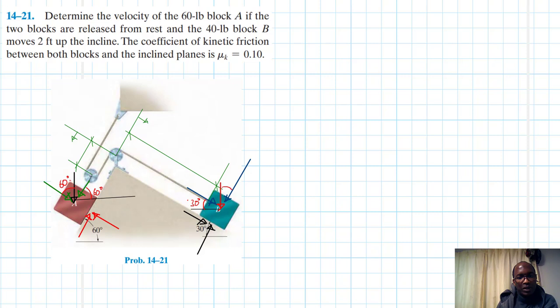So this one here is 30. This is W, this is WB, and this one here is WA.